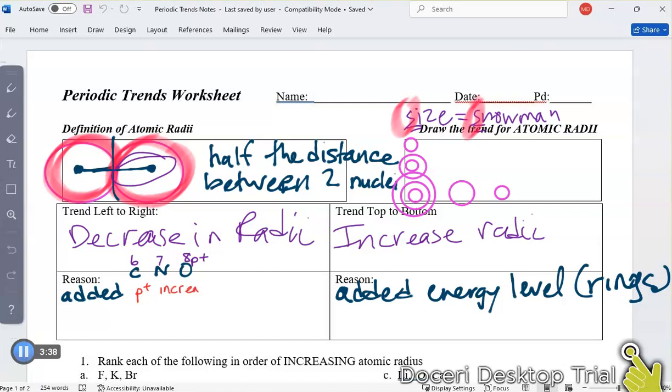Increase, I forgot what the word was. Effective nuclear charge. We just mentioned it earlier. So the nucleus is pulling the electrons a little stronger. Increase effective nuclear charge.